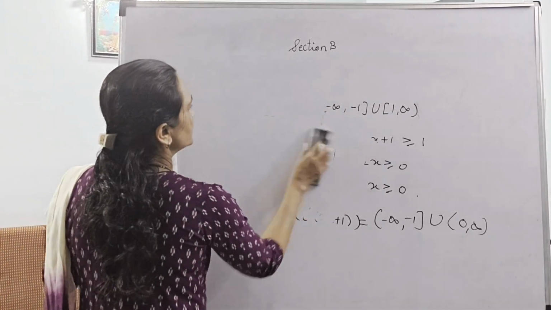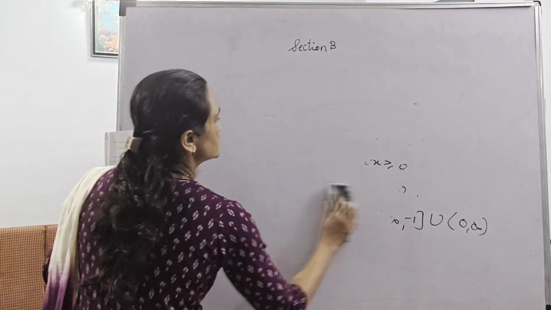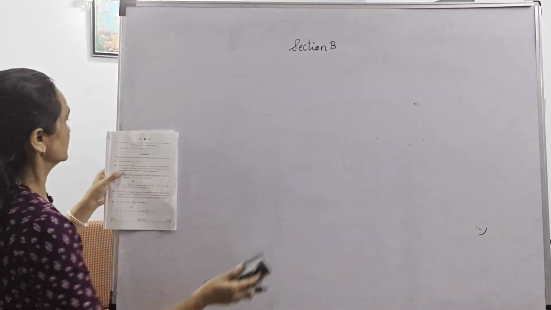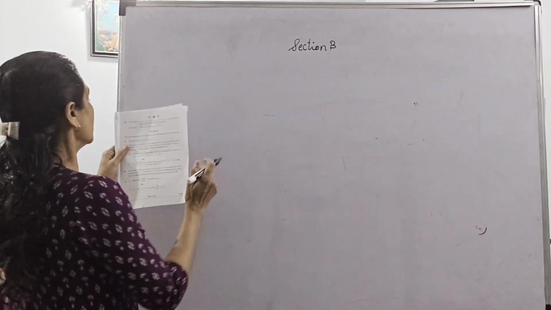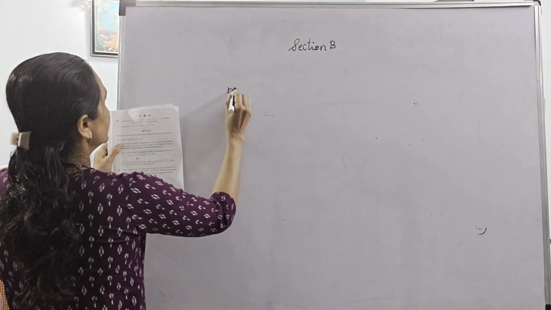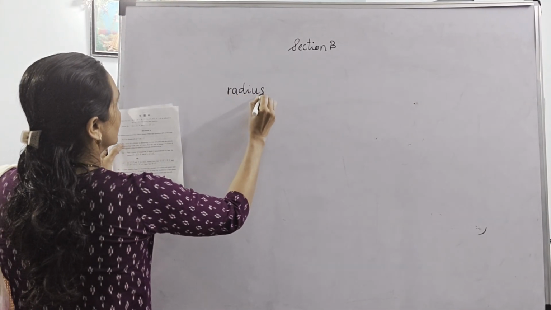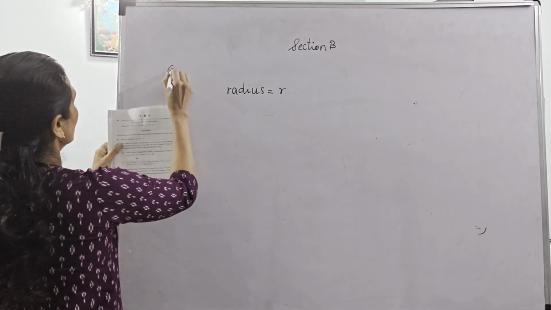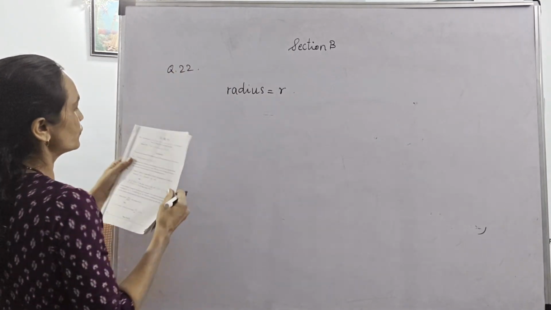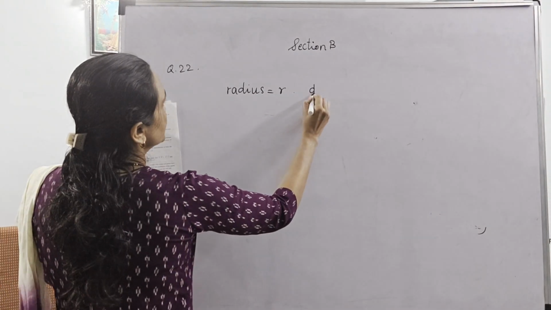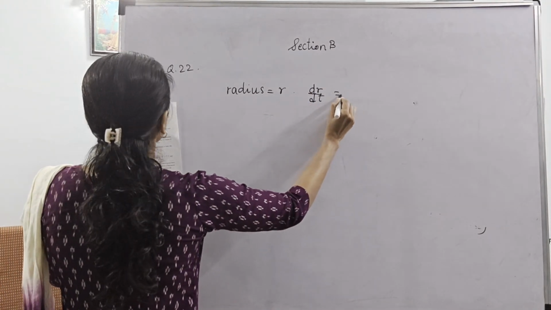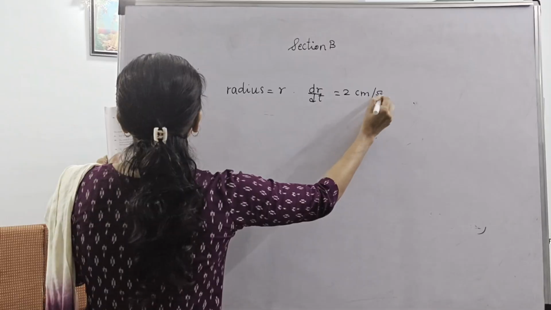The radius of a cylinder is decreasing at the rate of 2 cm per second. So radius, assuming it as r, dr by dt is given as 2 cm per second.